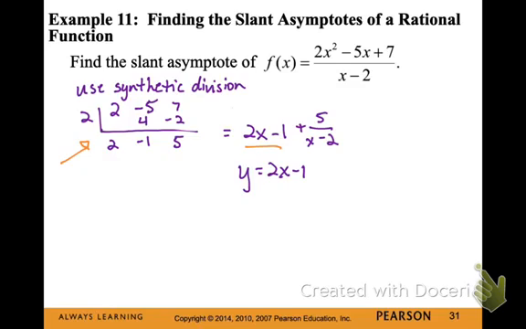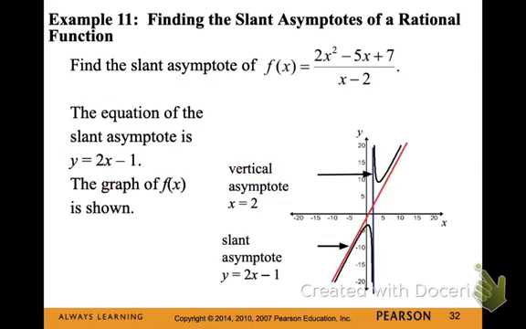But what I'm interested in here is this part of my results, and that is the equation of my slant asymptote, y equals 2x minus 1. In this screen, you can see that I have this function graphed for you, and I have the slant asymptote.